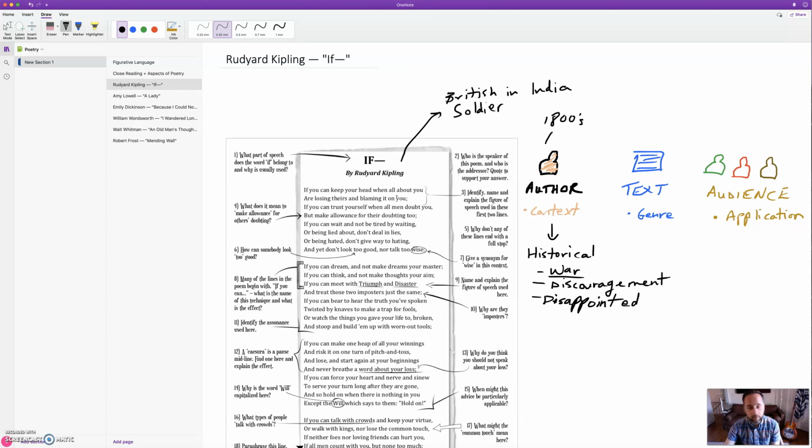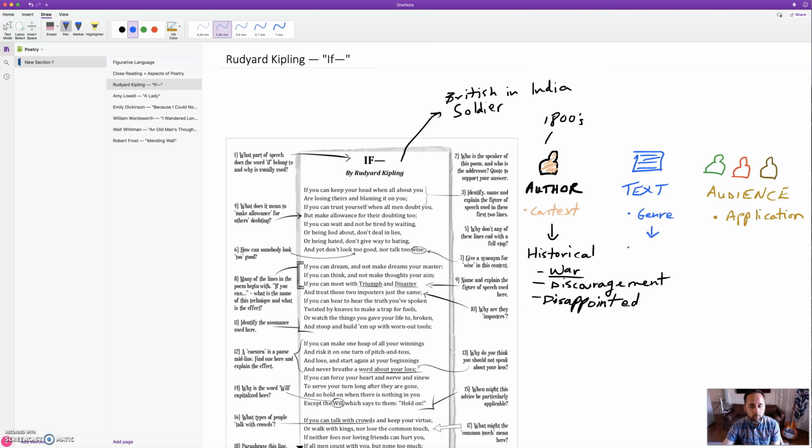Of course, some of their friends died and things like that, right? And so, in fact, he wrote this poem to encourage his friend and to give some hope.